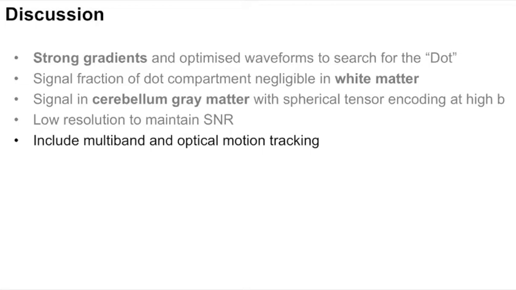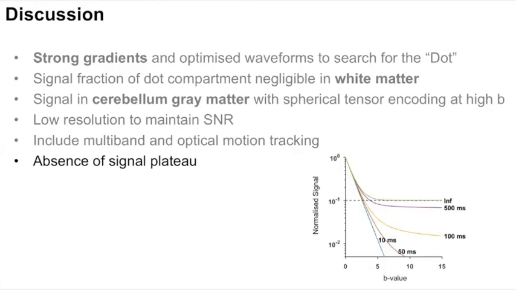The registration of these images was very challenging because mostly there's no signal to base any registration off of. So we acquired interleaved b0 images to find some spatial correspondence between the images. And we didn't observe a signal plateau. So the finite diffusivity is one reason why that is the case.